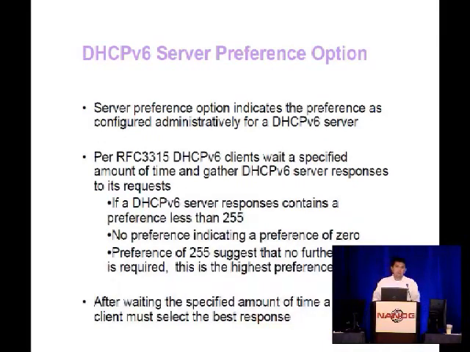The good thing is the specified timers are not an eternity, right? Because that would be problematic from a deployment point of view. But I can assure you that this notion of preference is functional, and it actually has utility in a real deployment.